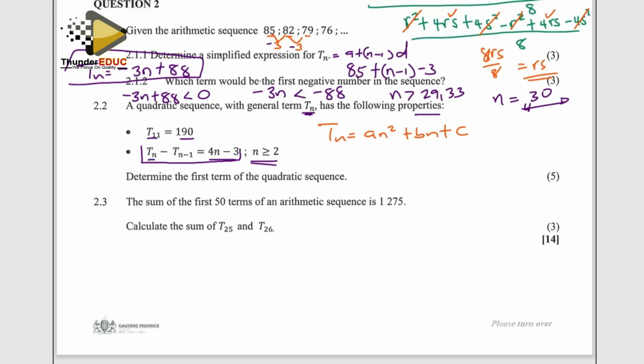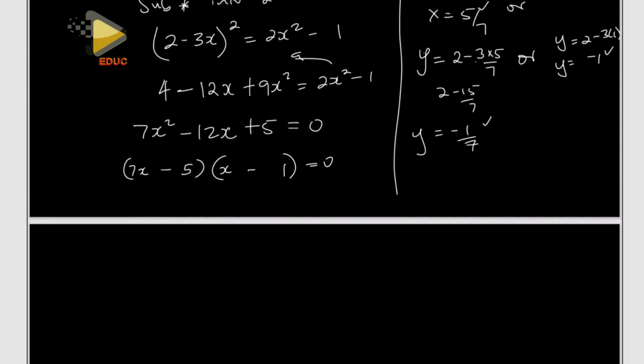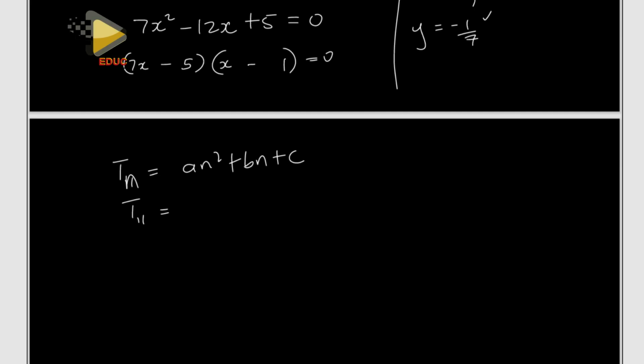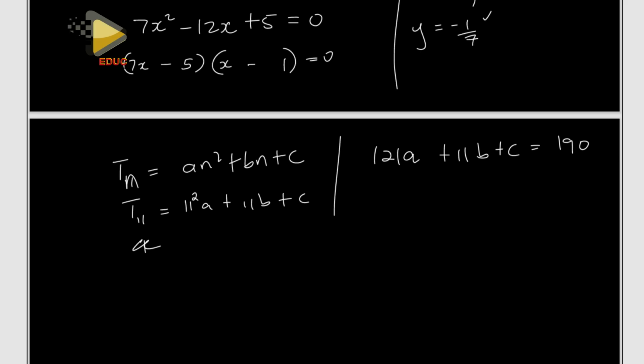If I try to get my T11, we said an squared plus bn plus c. Looking at T11, which is 190, I'll substitute that: 11 squared a plus 11b plus c, which is going to be 121a plus 11b plus c, and it must give us 190.